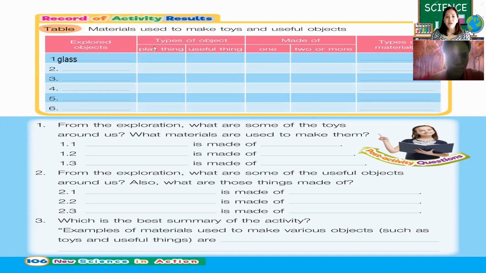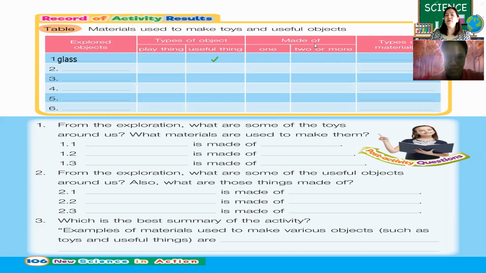And then read the type of object. Is it a plaything or a useful thing? What do you think, guys? It is a useful thing. Yes, correct. What is it made of?